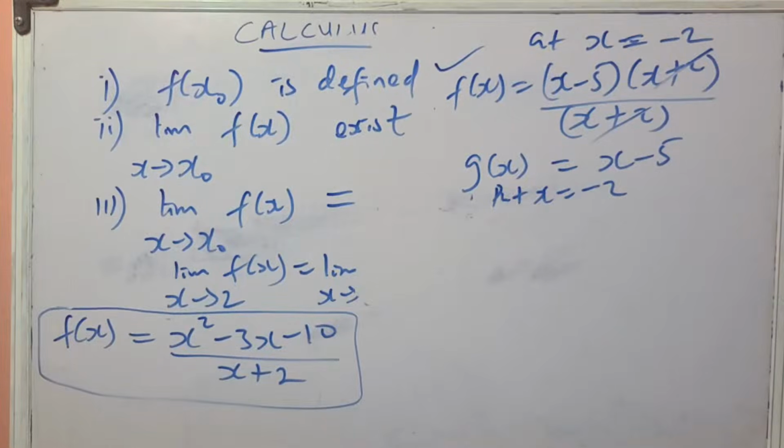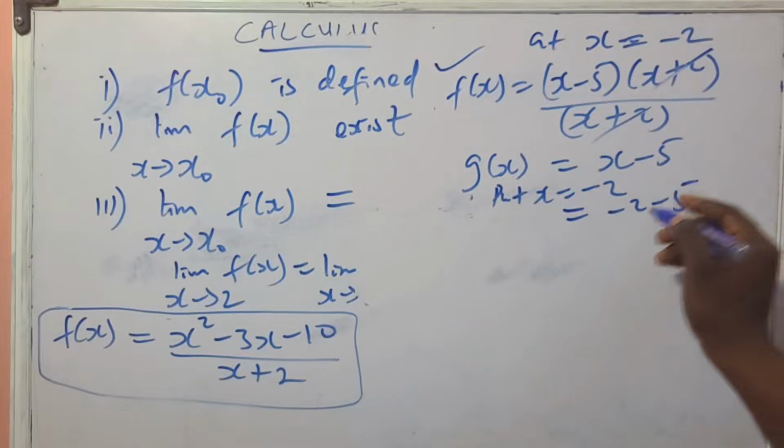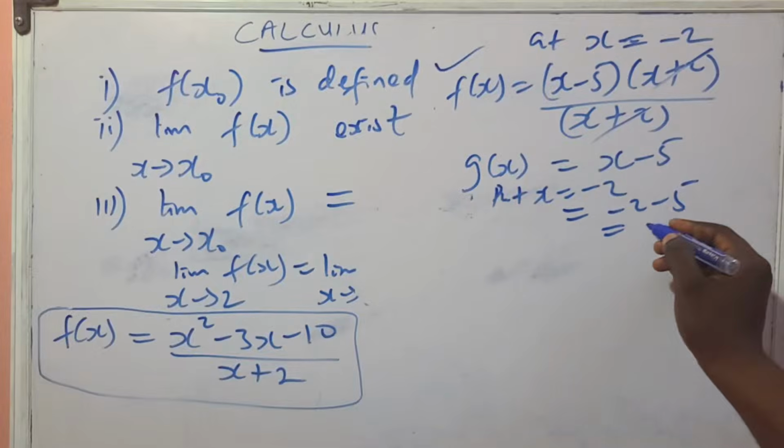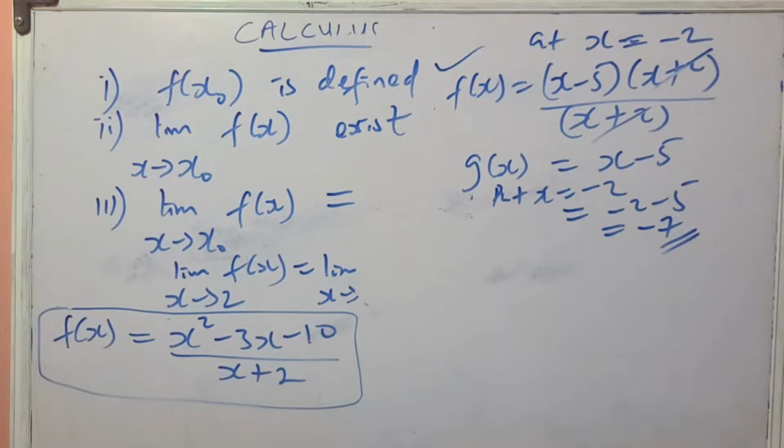If you put x equals -2 now, you'll be getting -2 minus 5, which equals -7. So you can see that the discontinuity doesn't exist anymore, but it did exist in your function initially, but by just simplifying the function, you have successfully removed the point of discontinuity.